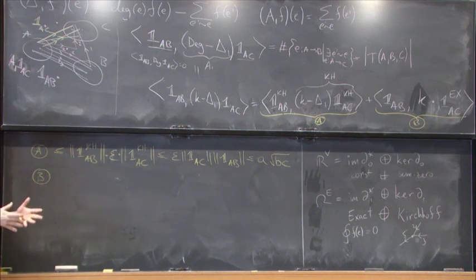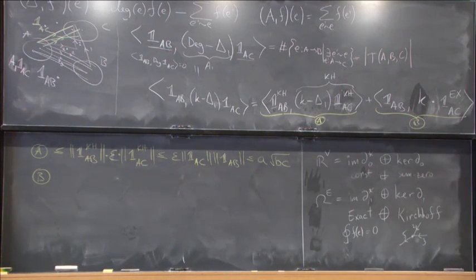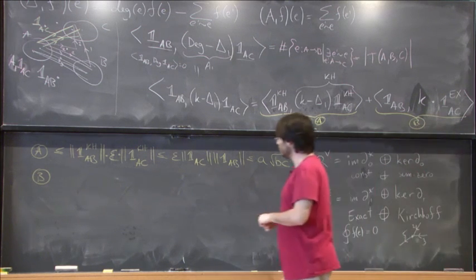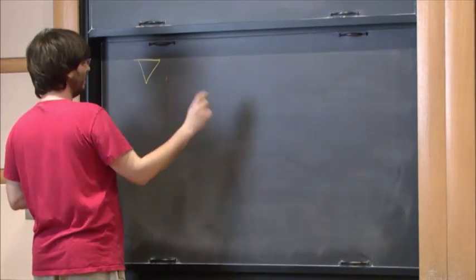Not the error term now. This is going to be this part. And to see this, I'm going to introduce another operator. So this is the lower Laplacian. I'll draw it as an upside-down Laplacian. It's going down and then up.